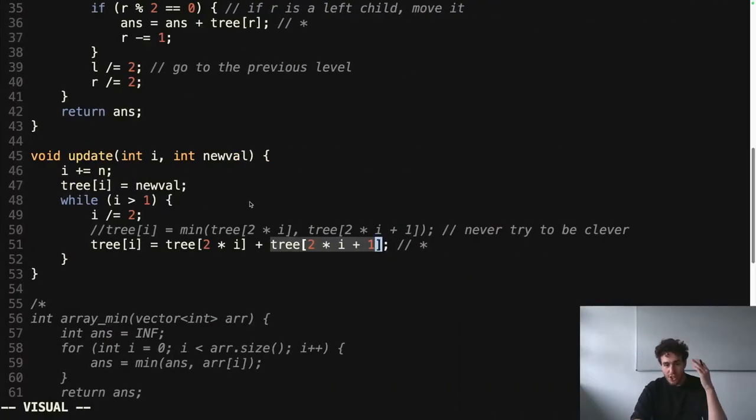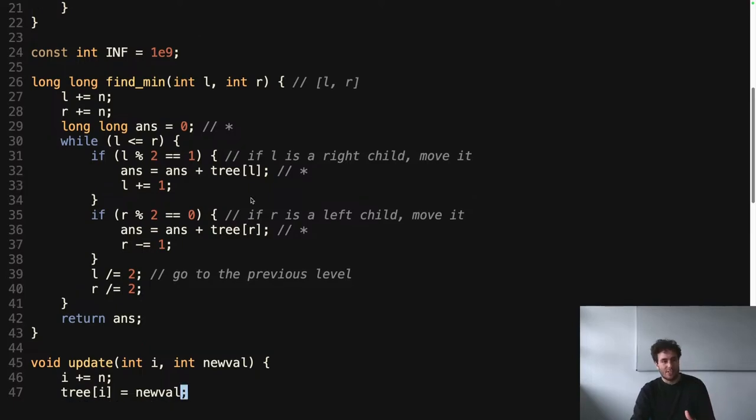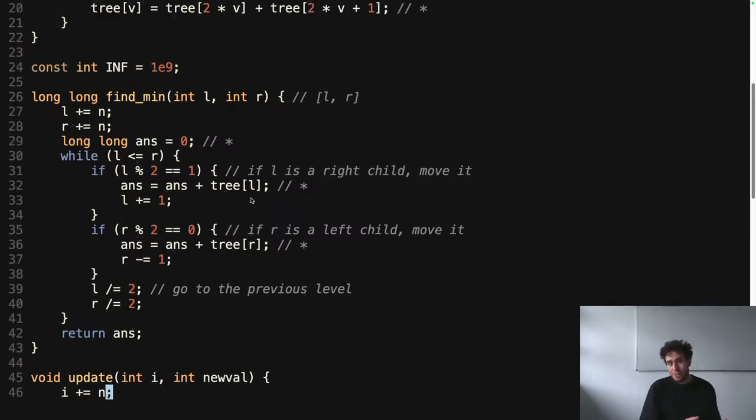And yeah, we changed our tree to now compute sum on a segment, not minimum, but you can change it in any way to do any kind of operations. We already did minimum, you can do maximum. Maximum is super similar to minimum. The only thing you need to change is all the minimum to maximum, and instead of having infinity as the initial value, you're gonna have minus infinity.